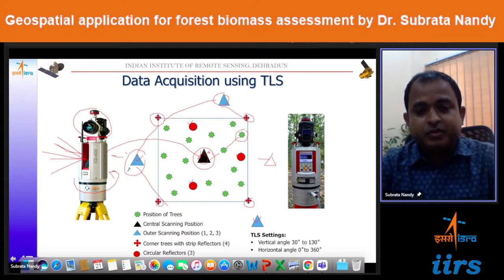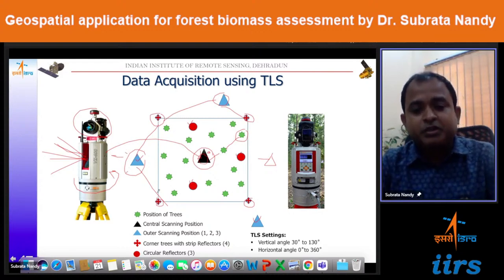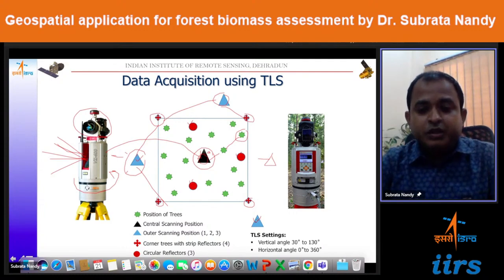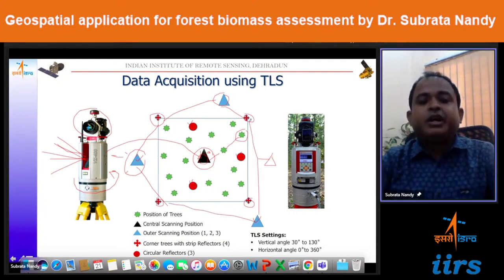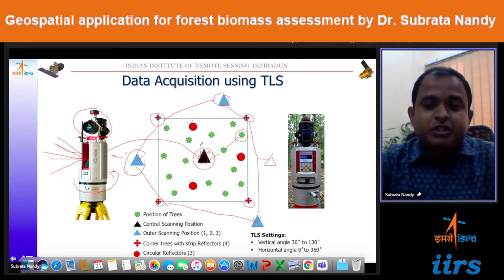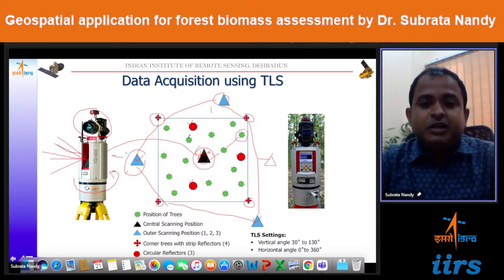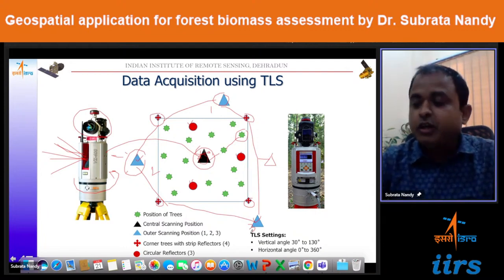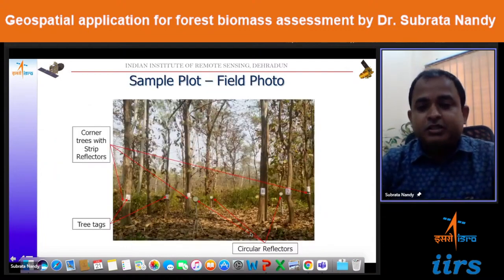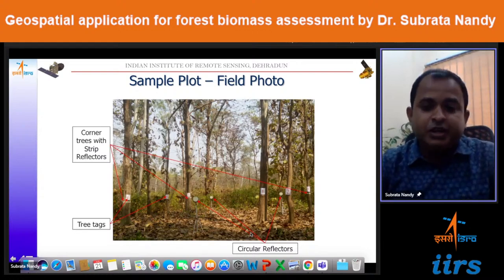I only need information about this area. So here we have the center position, then scan number 1, scan number 2, and scan number 3. Once this is done, you merge all these 4 scans to get a 3D model of the forest.